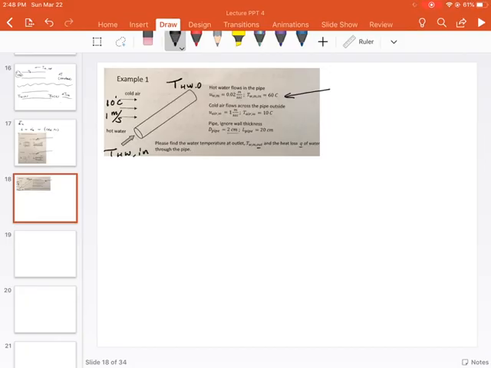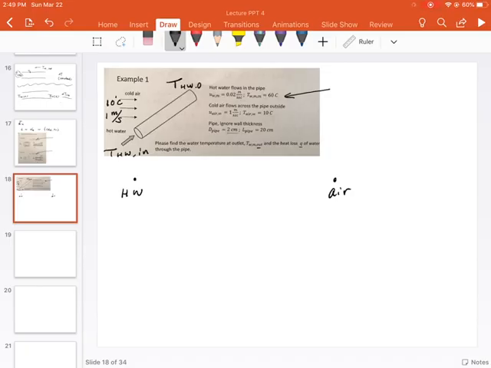So now, if we construct a thermal circuit, then we would have hot water, then the air outside the pipe, and the heat is transferring from hot water to the air.